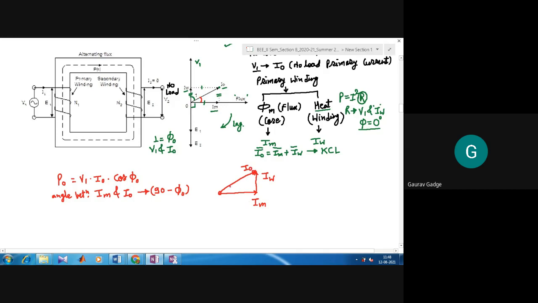Okay, and what is that angle? This angle is 90 minus phi naught. Okay, now we have 90 minus phi naught, right? So can you tell me cos of 90 minus phi naught and sine of 90 minus phi naught?